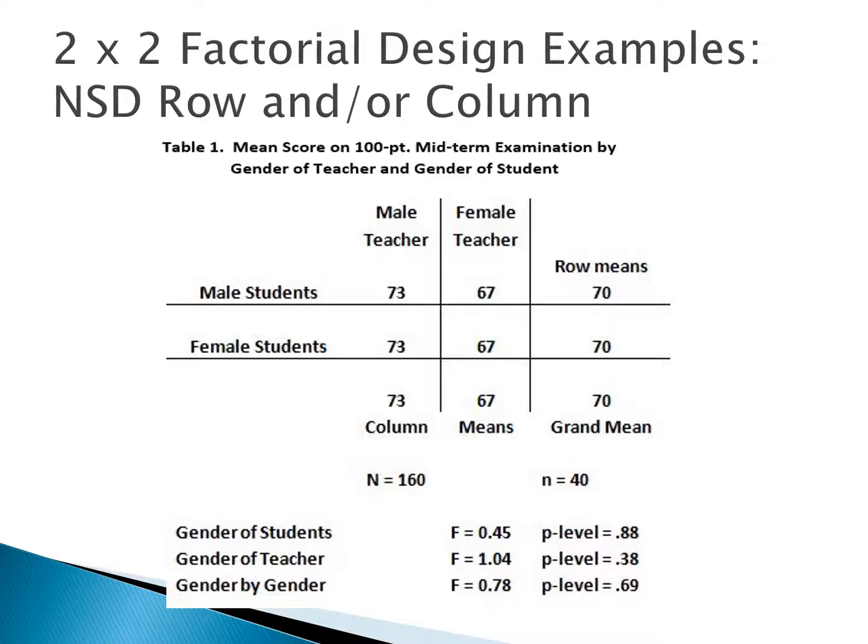And you can see the male versus female average the same, 70 on that exam, and male versus female teacher, while the male teacher's average for their students is higher, it's not a statistically significant difference, and that's what we talk about. If it's not that, then there's nothing to say.